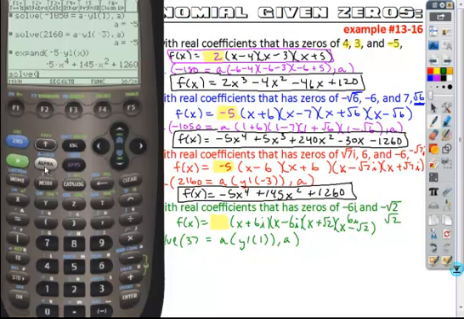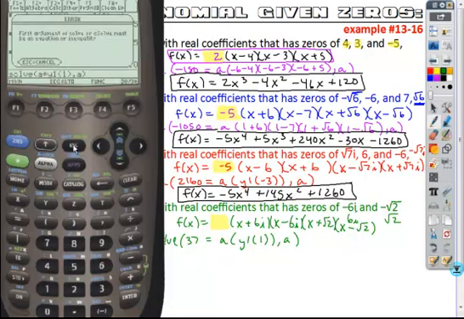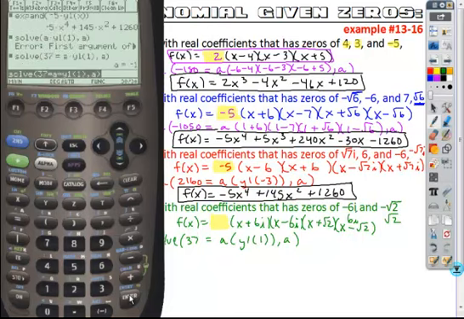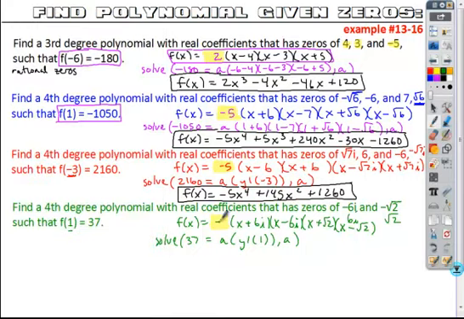I'm going to type in a times y1 of, I'm evaluating when x is 1 for that function. And I'm going to solve for a. I need to set that equal, sorry. So that's all equal to 37 here. So 37 is equal to a times y1 of 1, solving for a. I get a is equal to negative 1. So there's my leading coefficient.